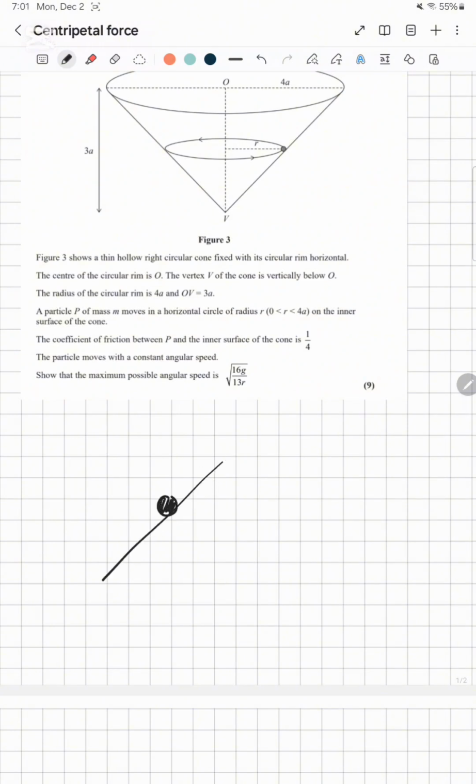When marking the forces, the weight acts downwards, and we take it as mg. And since they say maximum possible, the centripetal acceleration will act towards the center, so we mark this as A.